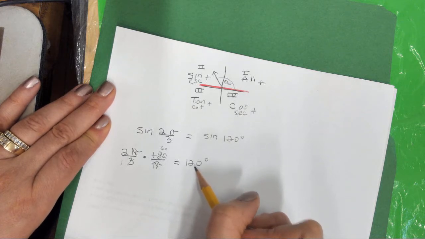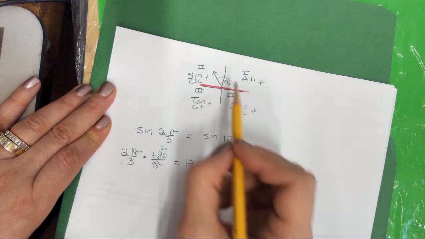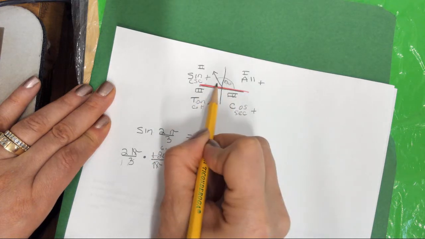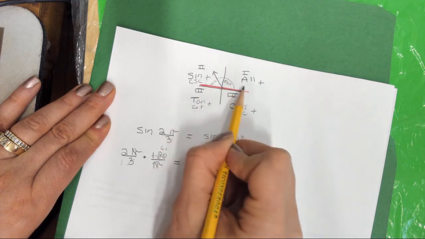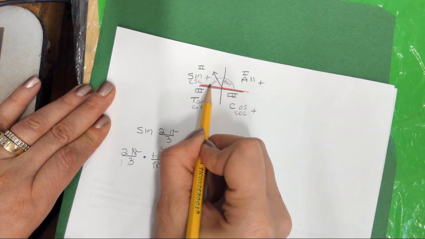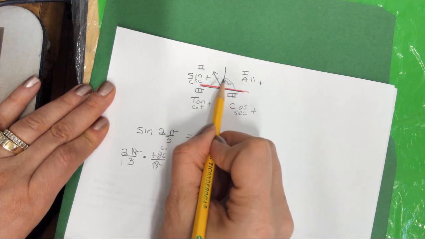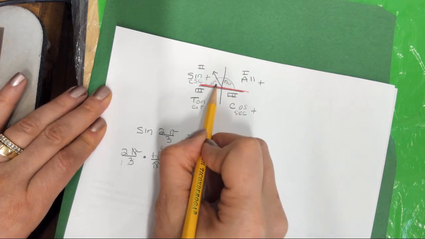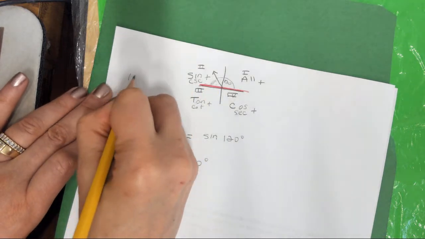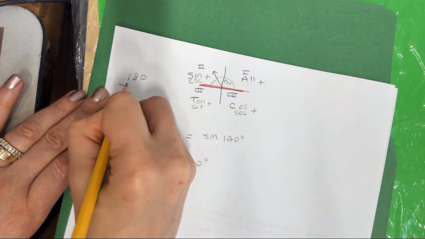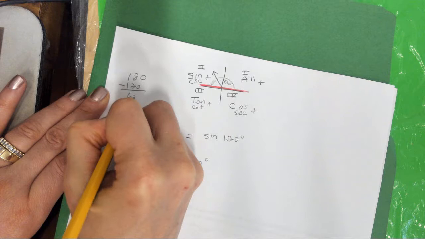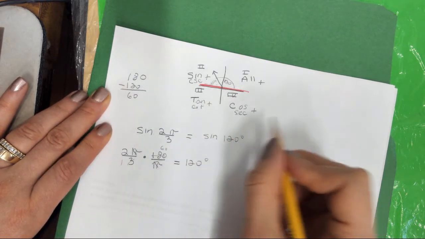So the reference angle, remember, we always find with respect to the x-axis, this angle right here. If I know this whole thing is 180 and this piece is 120, to identify my reference angle, I just take 180 degrees minus 120, and I get 60 degrees.